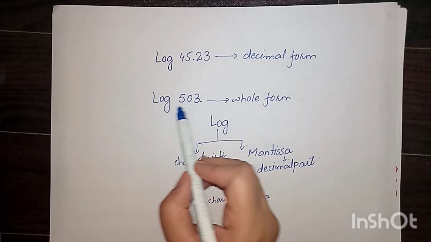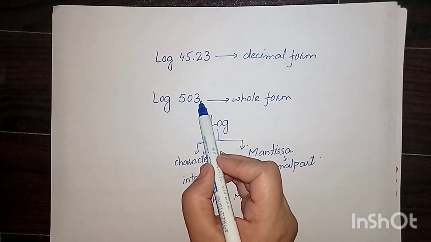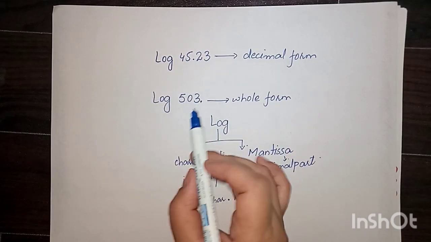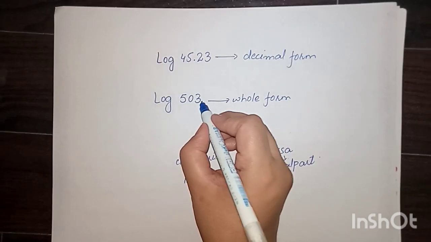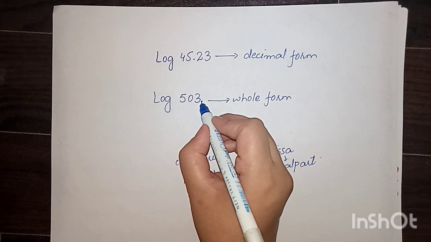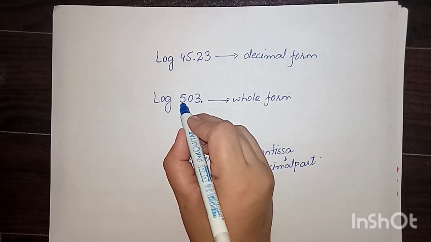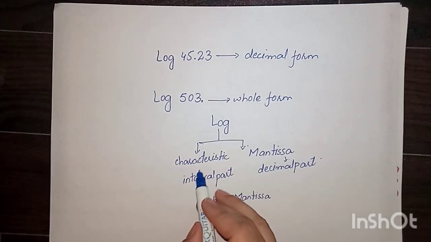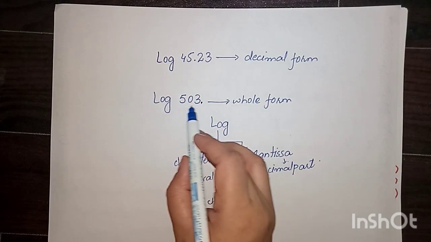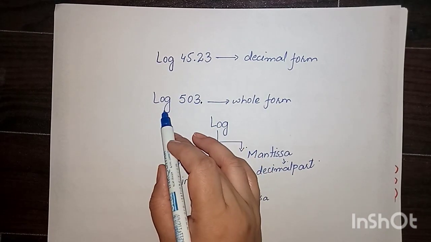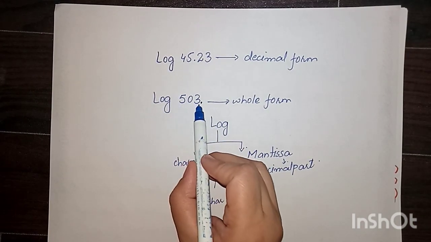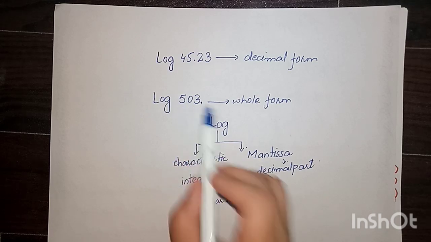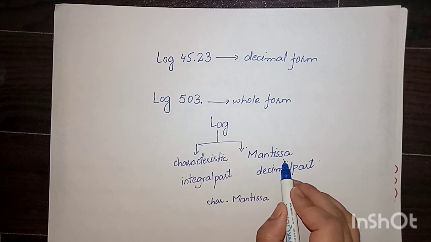The next number is 503. We also know that each and every whole number has a decimal point at the end of it. So for this, 503 gives the characteristic, because this is the integral part, and the whole number 503 will give the mantissa.